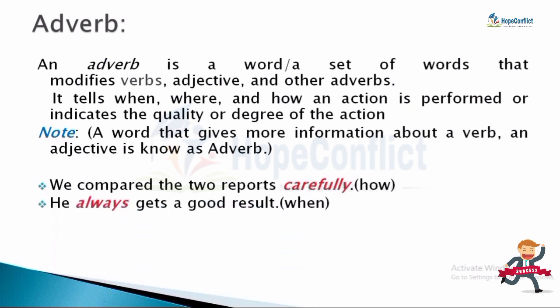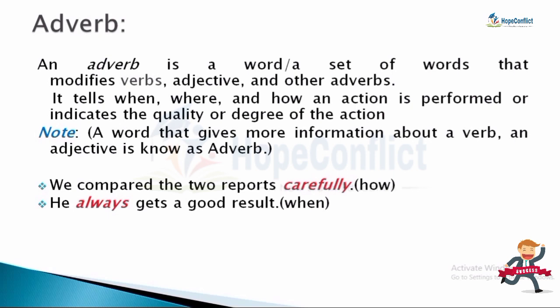Let's see second example. He always gets good marks. In this example, if we ask when he gets good marks, what is the answer? He always gets good results. So more information is always about your verb.